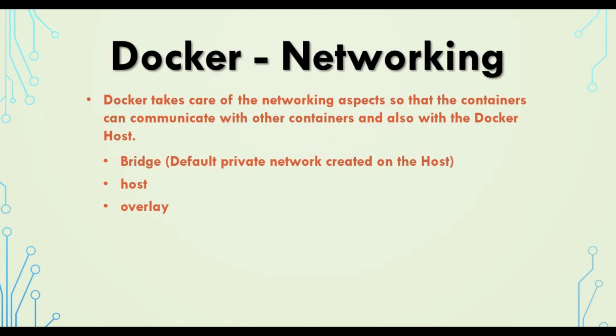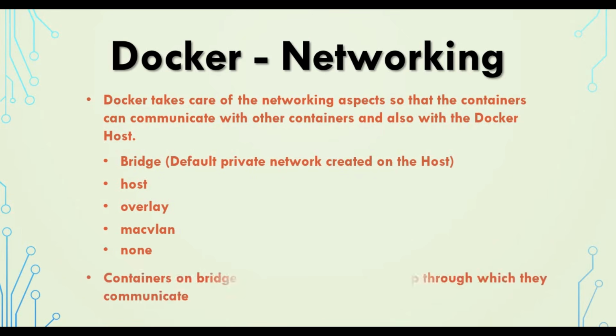And there is also an overlay network, which is specifically for Docker Swarm kind of setups. We also have MACVLAN, where we can create a network and attach a specific MAC address. And there is also a network called none, which we can attach to a Docker container. That means the container will not have any network at all.